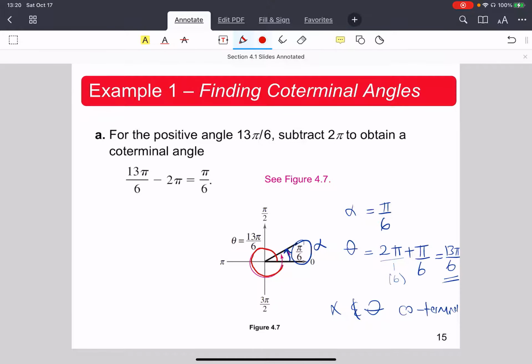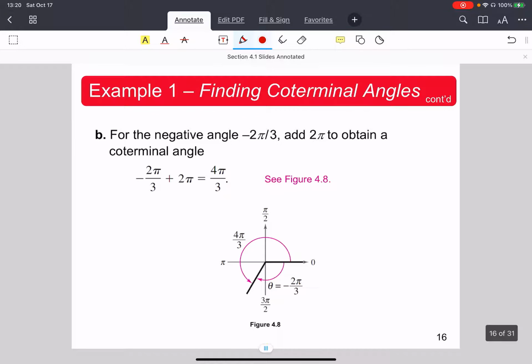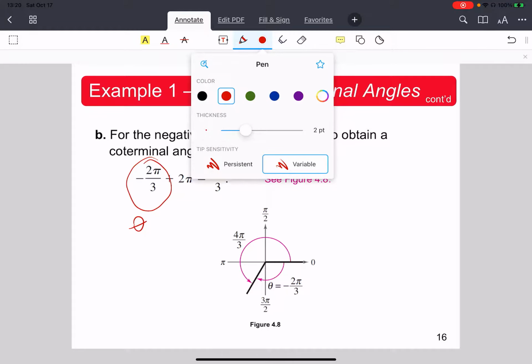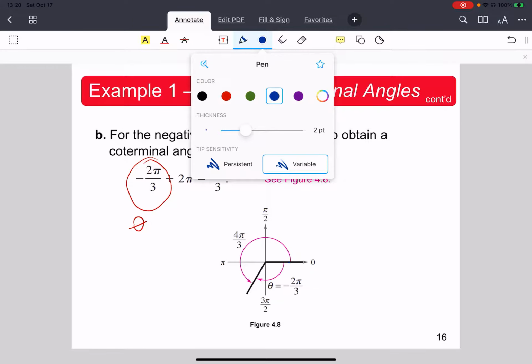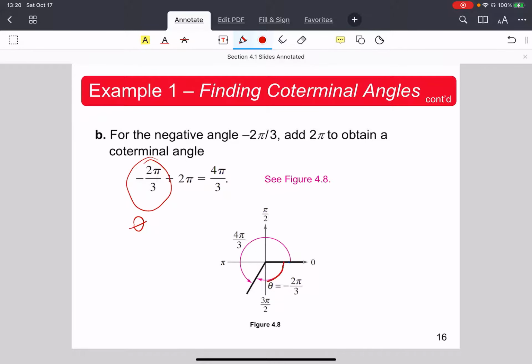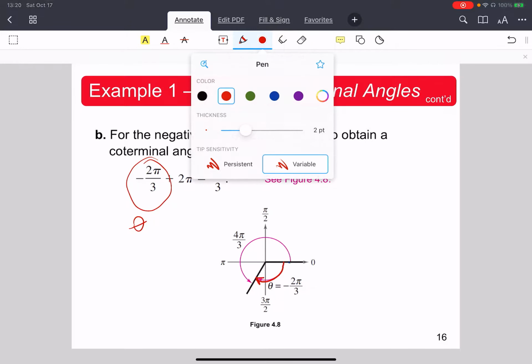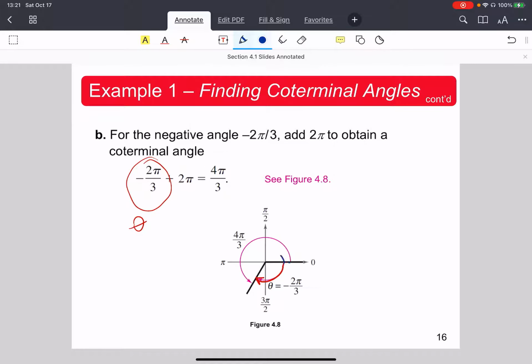Another example of this: we're going to use the same idea, but we're going to subtract from 2 pi. The given angle that I have is negative 2 pi over 3, so this is my theta. I can create a coterminal for this by going in the opposite direction. Instead of going in the negative direction, like this theta did, I'm going to go in the other direction, all the way, and create this other angle that I call alpha.